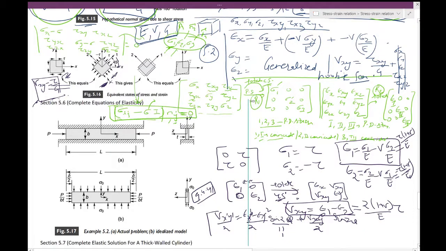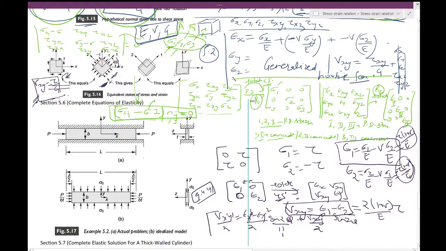Okay, so once this is done, let's see how you are getting epsilon 1. Oh, you are just substituting it from over here. Okay, so there's a minus sign already, so this becomes this. Now you already know what gamma xy was, and you have just written it in a new way using a new method, but they are the same strain values for a given state of stress.